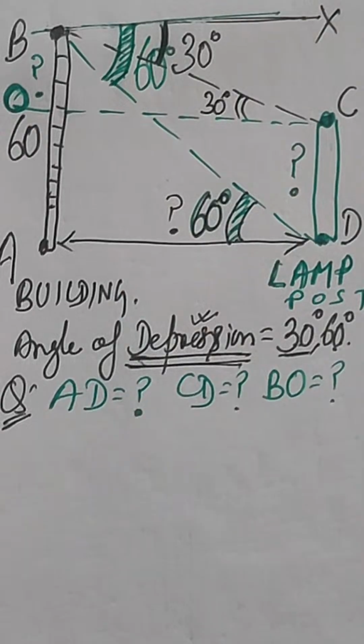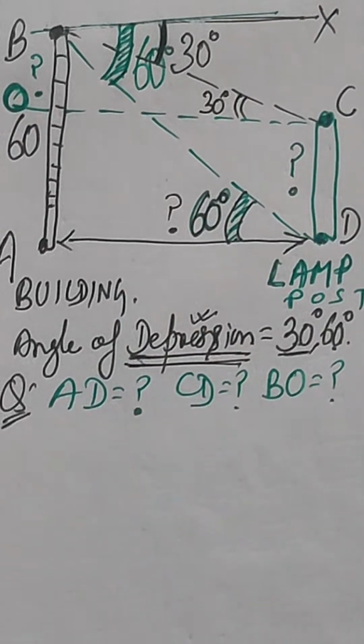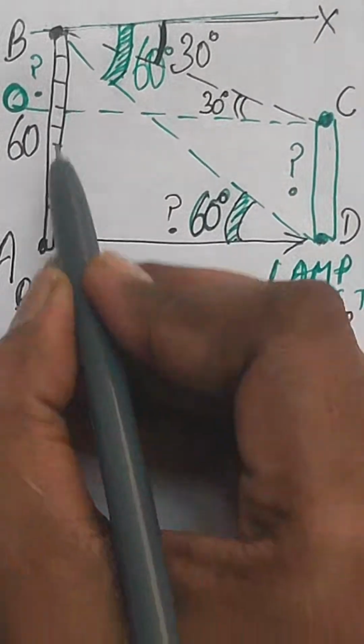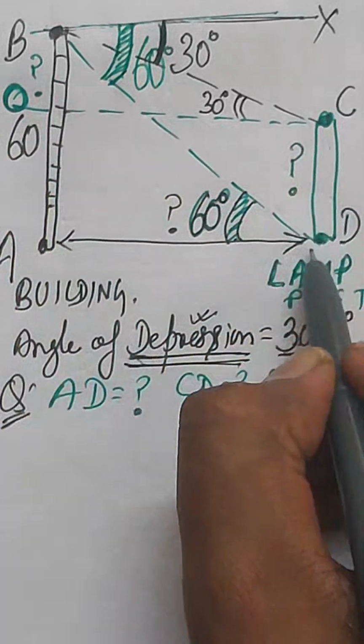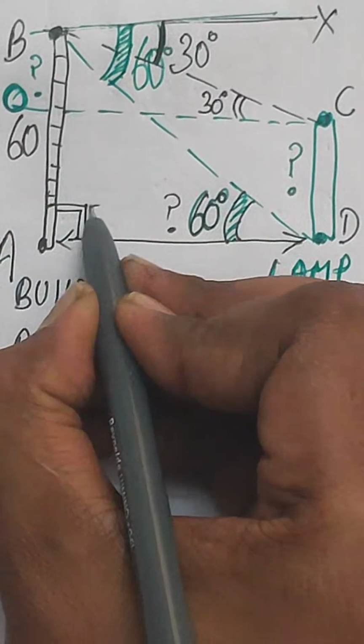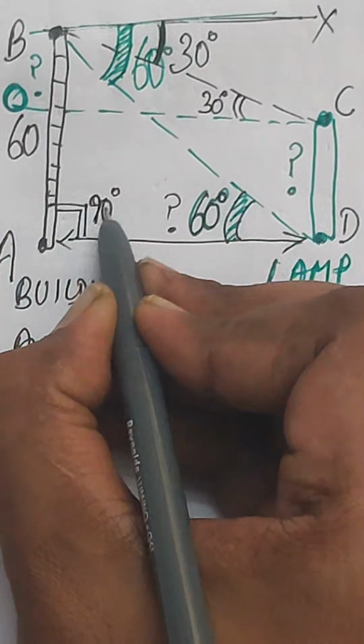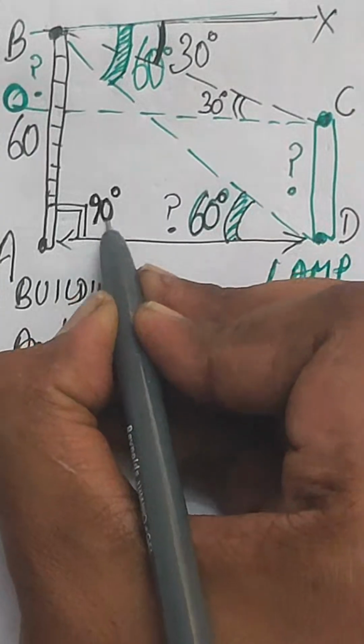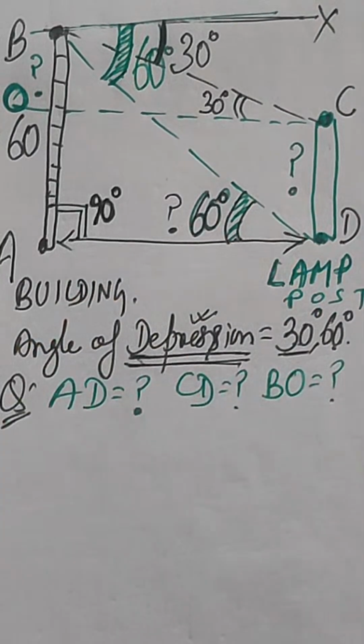Now what we can do, simply take, and this building and lamp post are standing vertically, so this angle will definitely be 90 degree. Consider the building as erect, standing straight, right?